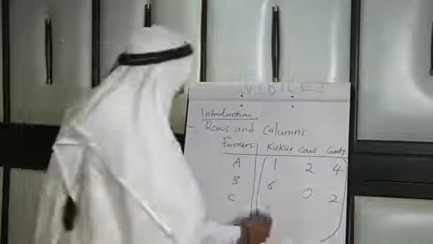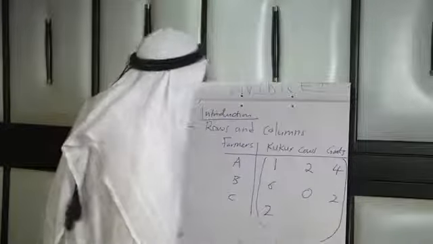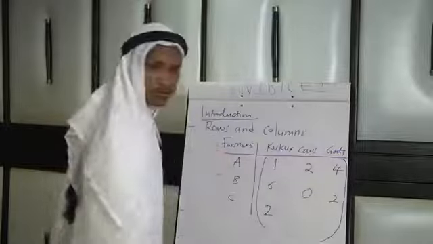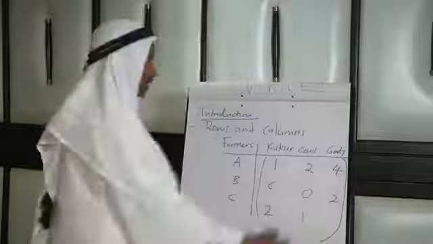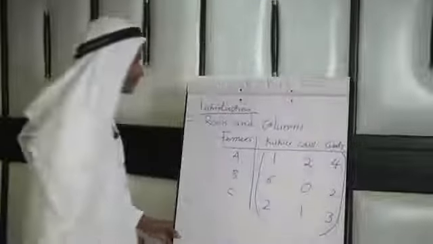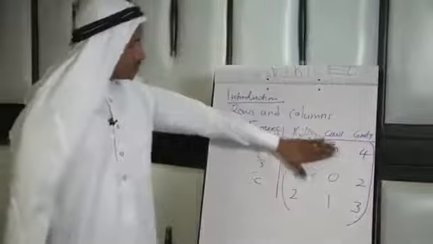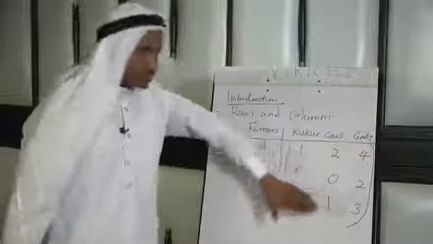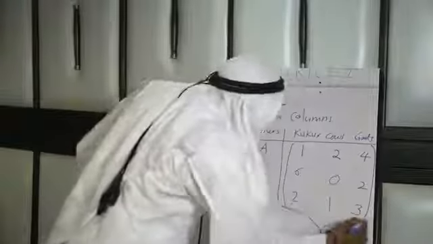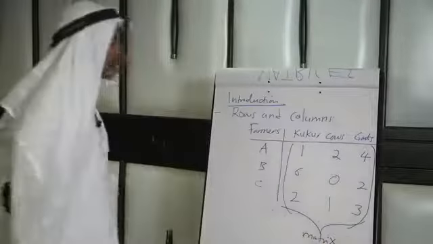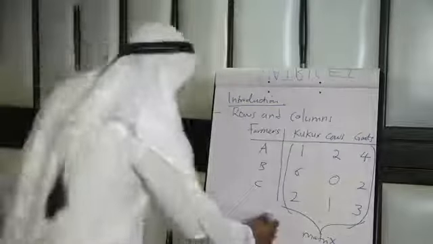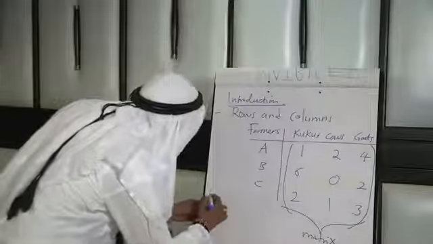Farmer C has 2 chickens, 1 cow, and 3 goats. The way they are arranged, this is the arrangement of numbers. This is called a matrix.